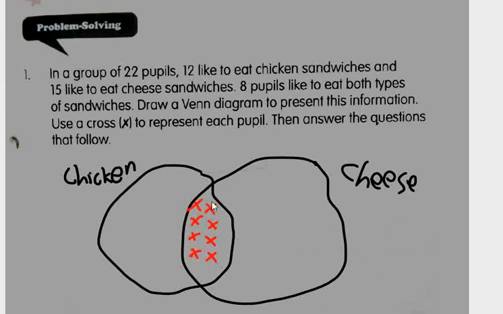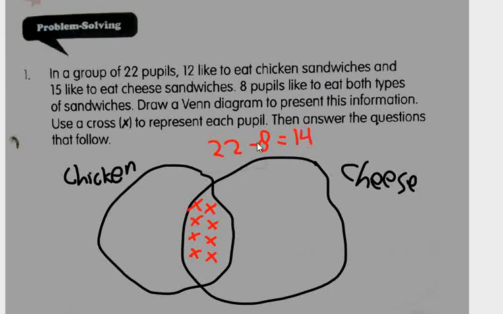Since chicken is 12 and cheese is 15, and the total of the pupils is 22. So we have drawn 8. So what is the remaining? 22 minus 8, 14, right?